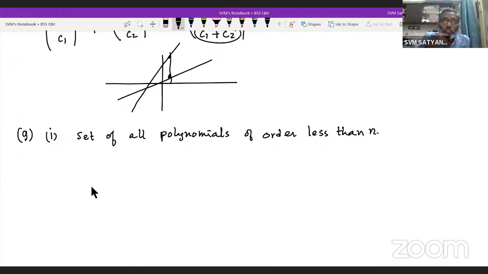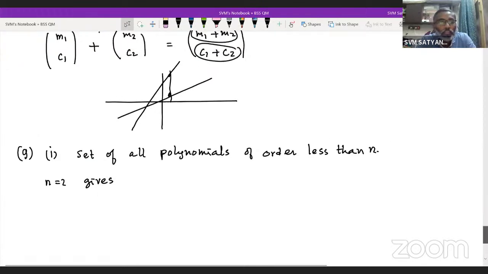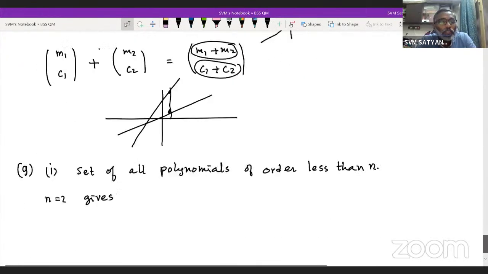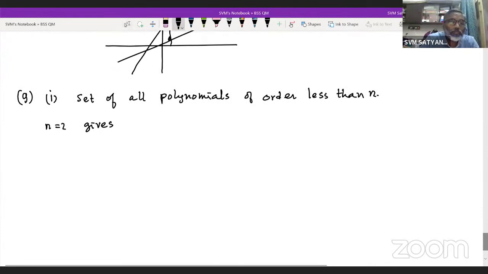Less than 2 means up to order 1. That means y equal to c plus mx, right? So n is equal to 2 gives the previous one, F. N equal to 2 gives F.